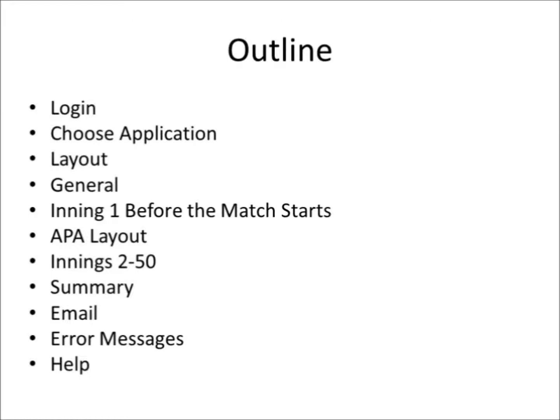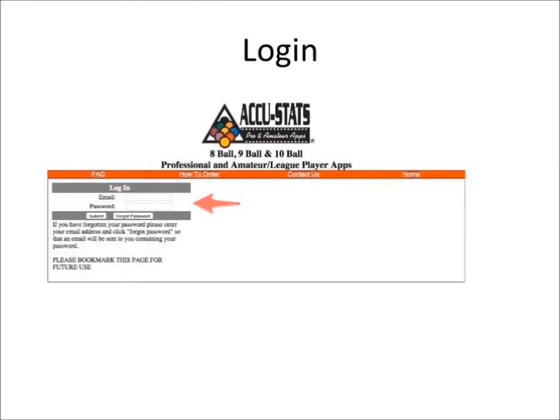Innings 2 through 50 are the same. The app contains 50 innings. We'll go on to explain the summary page, and if you want to receive an email, how to do that. And we also have an error message section, which I'll go into detail of how that works, together with the help section.